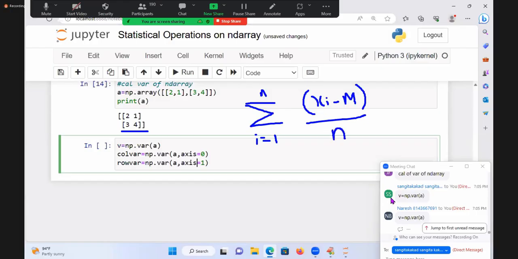What is this xi, sir? Xi means each element of the matrix: 2 is x1, 1 is x2, 3 is x3, 4 is x4. What is this m? Mean. Whole square you need to write. Students, whole square, not just xi minus m. Are you following me? (Xi minus m) whole square to the power of n.